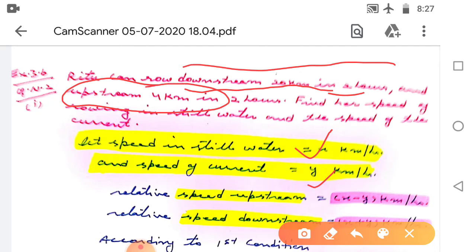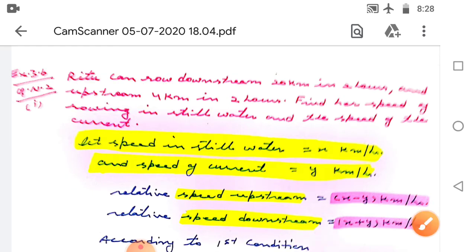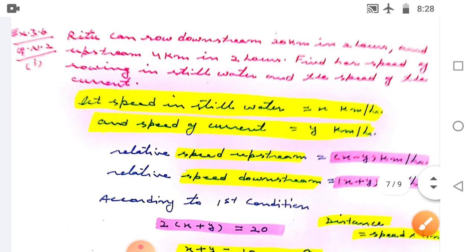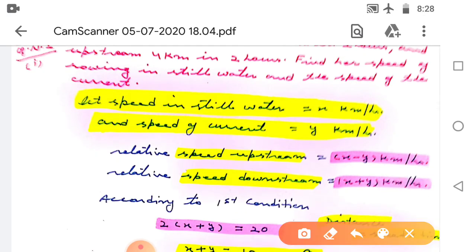So your speed minus the speed of water is the relative speed upstream, that is x minus y kilometer per hour, and downstream is x plus y kilometer per hour. These two are very important, downstream and upstream, the relative speed. Clear?